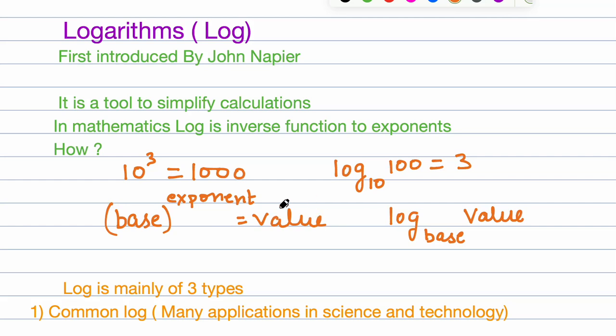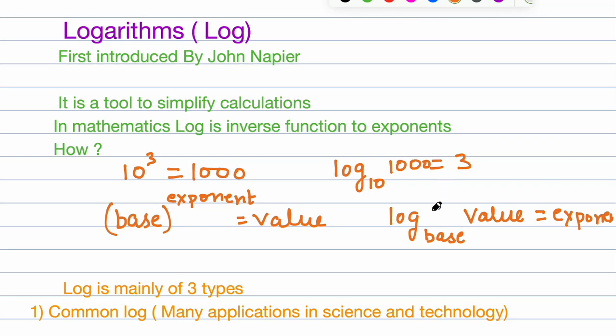The value which is here as the result comes with the log, and that is equal to the exponent, right? So first you have to remember this conversion, that exponents can be written in the form of logs. 10 to the power 3 is equal to 1000, and log 10 of 1000 is equal to 3. So just remember this. We are going to solve some questions based upon this.